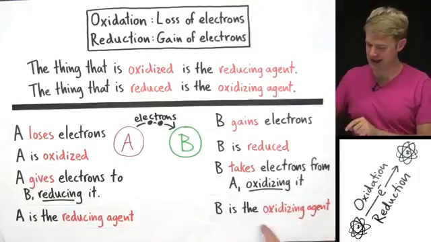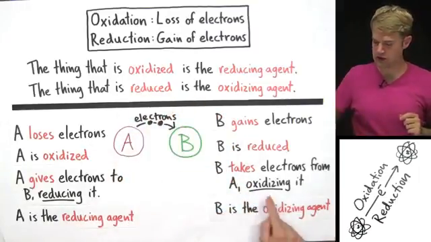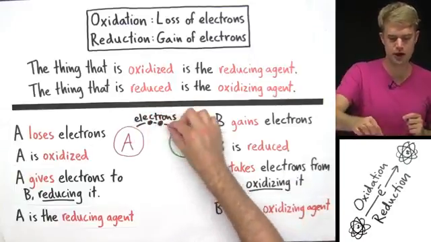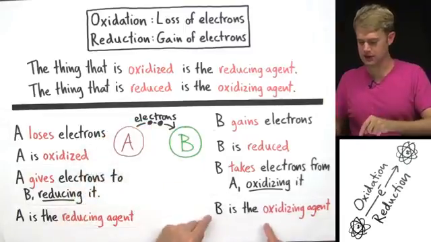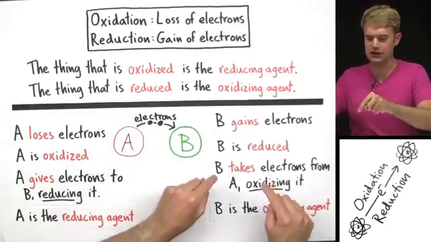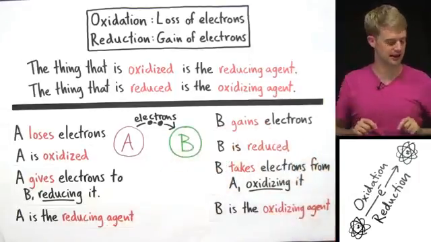The oxidizing agent allows oxidation to take place, so it takes electrons from the atom or the compound that is being oxidized. The oxidizing agent allows oxidation to take place. It itself is reduced and it gains electrons.